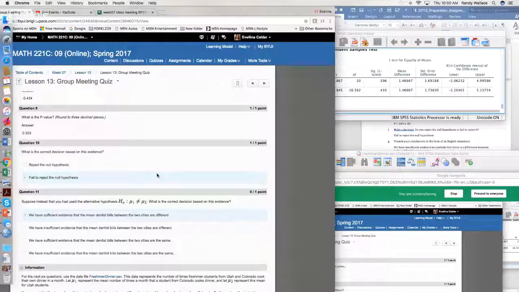Sheesh, I must have not. I put 0.666. No, sorry, 0.333. We had to divide it in half. Oh my goodness, sorry. Okay. Did you get the other ones wrong, Lo?